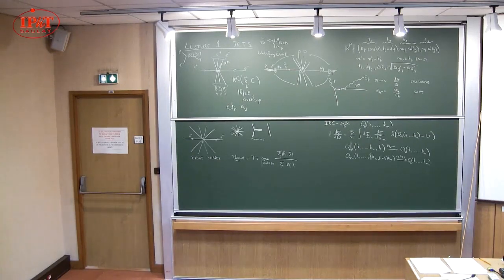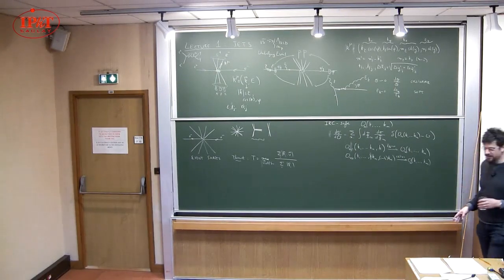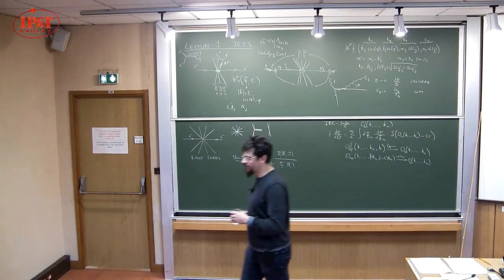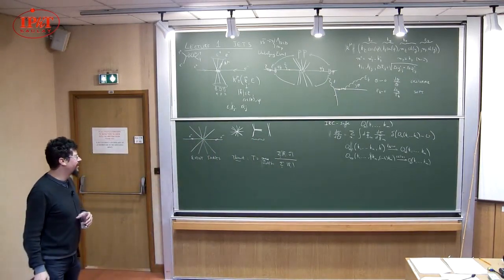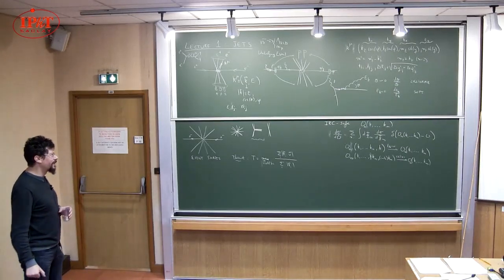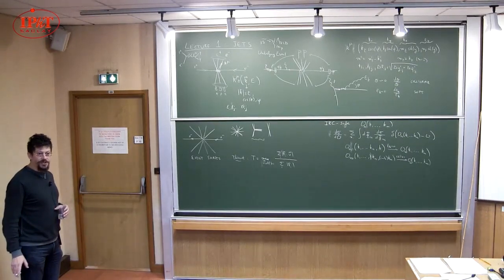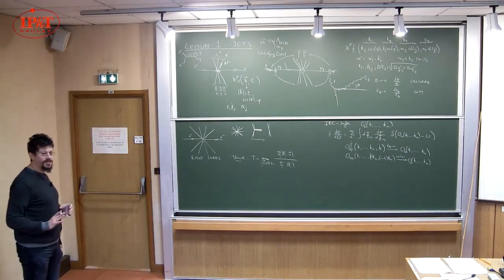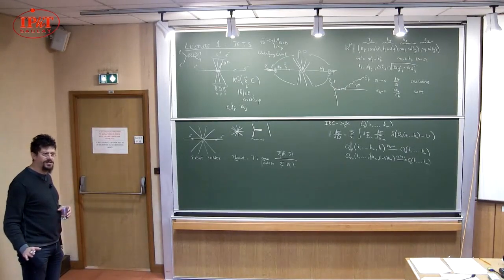I can actually think of some rare cases where this is not obviously the case, and we might get there towards the end of the lecture, but forget I said that until February. So this is really important. If you don't have these properties, essentially you can forget about calculating things in QCD.